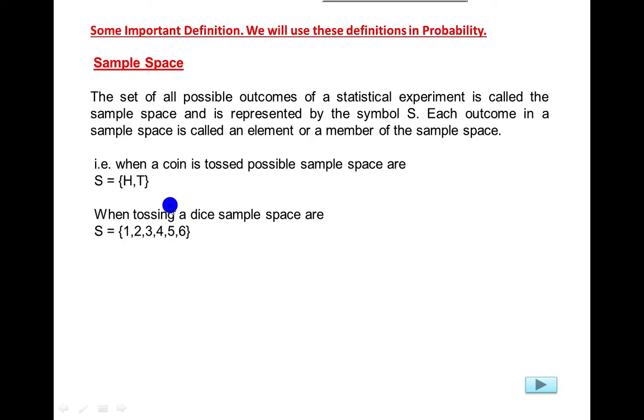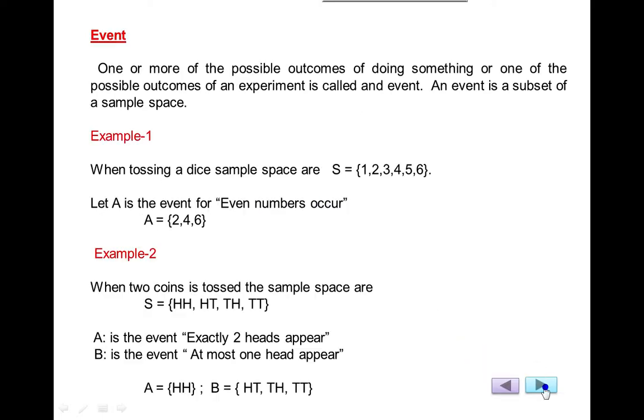We use the total number of outcomes as a value, because the result of probability is a numerical value that lies between 0 and 1. I will explain in probability. So even numbers are these. Second example, if you throw a coin 2 times or 2 coins 1 time, the result will be the same.